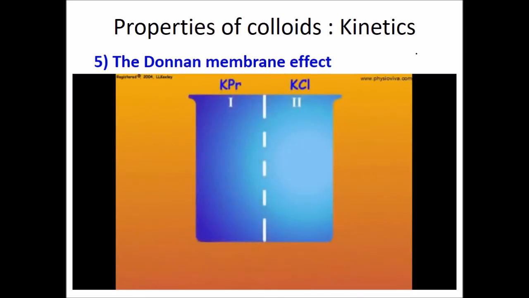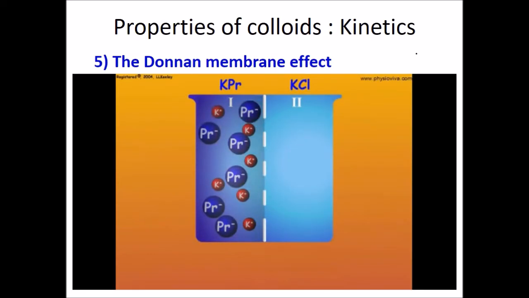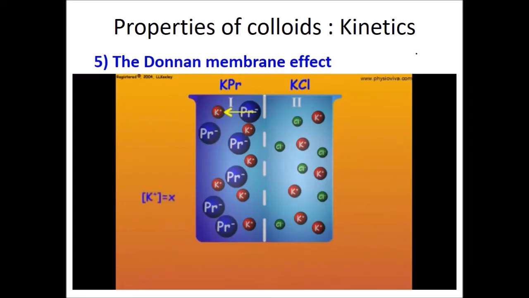An unstable situation develops when a solution with an impermeable anion is placed on one side of a semi-permeable membrane and a solution of permeable ions is present on the other side. In this example, side 1 is a solution of potassium cations combined with an impermeable anion such as an anionic protein. Side 2 is a solution of potassium and chloride ions in concentrations that are equimolar with the ions on side 1.